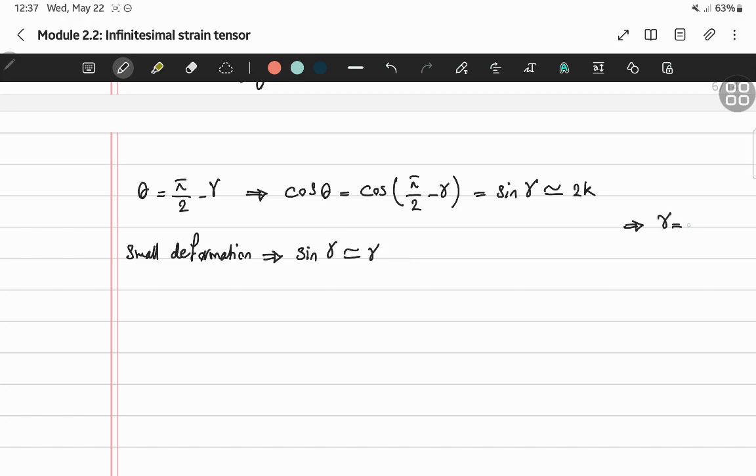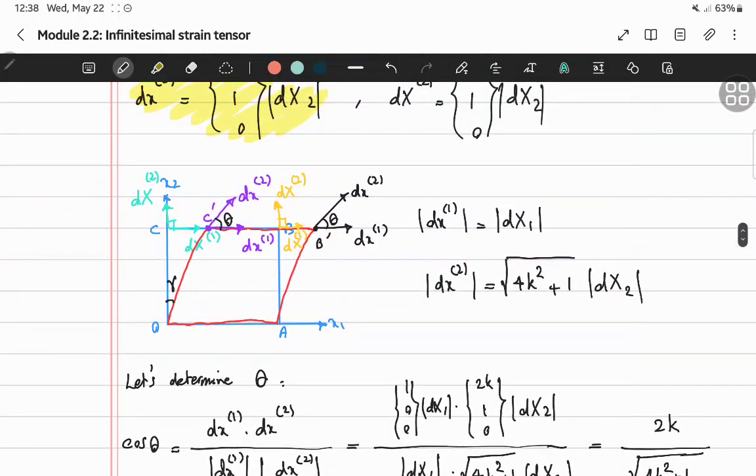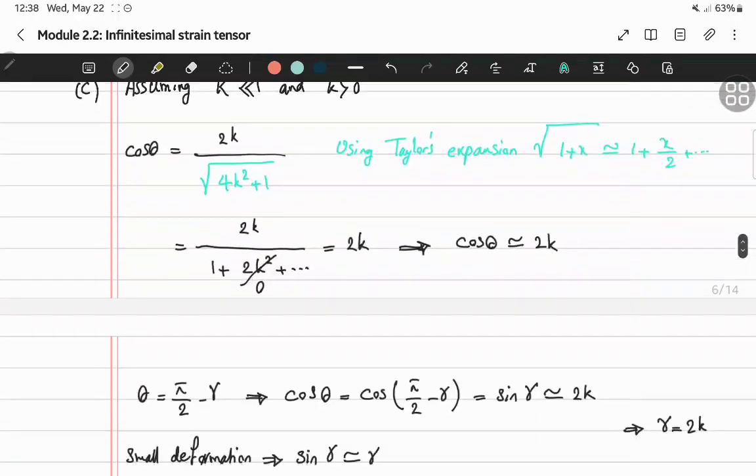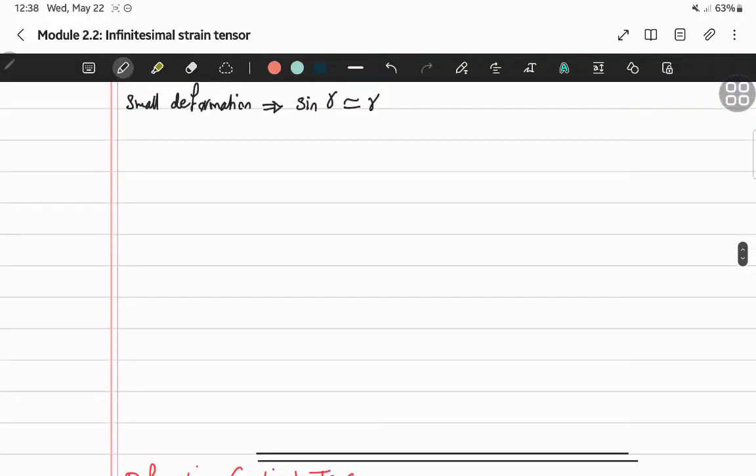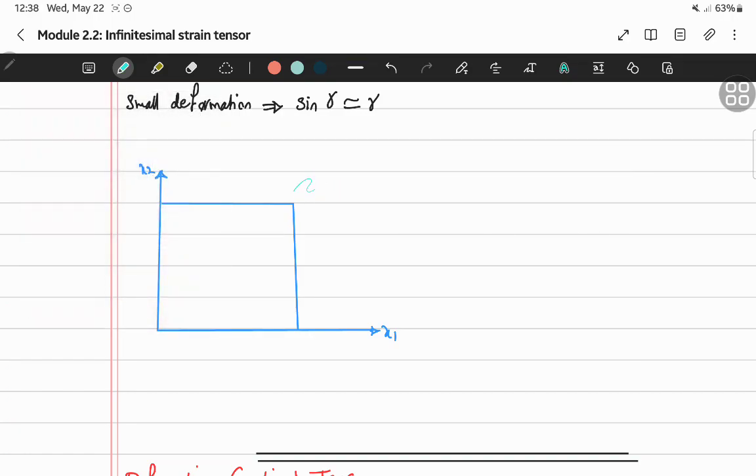Therefore, gamma is going to be 2k, which means that, let me just draw it in here.